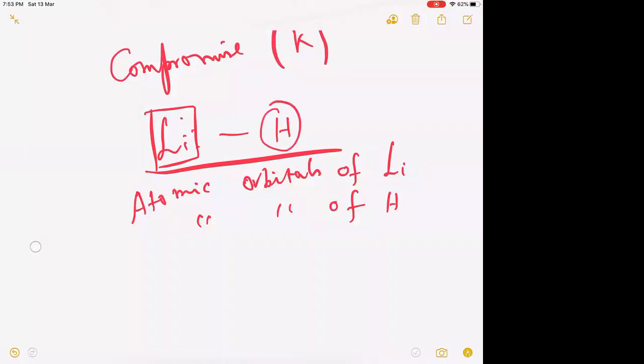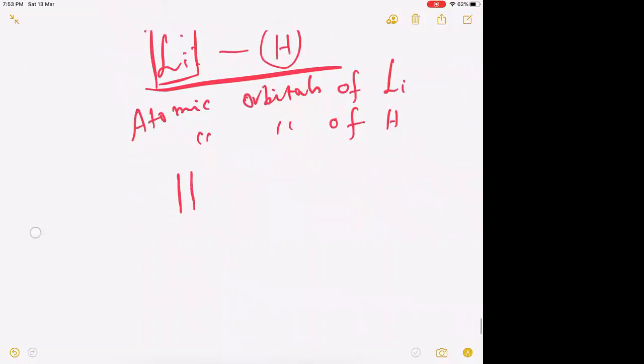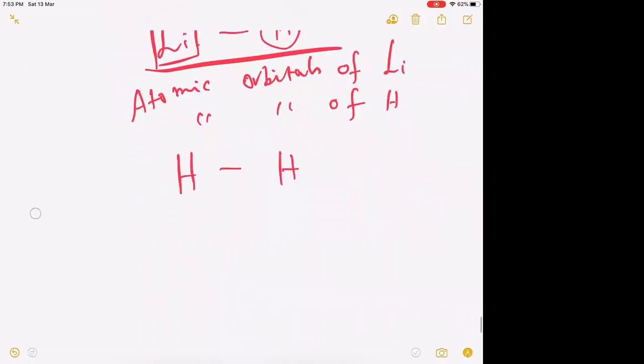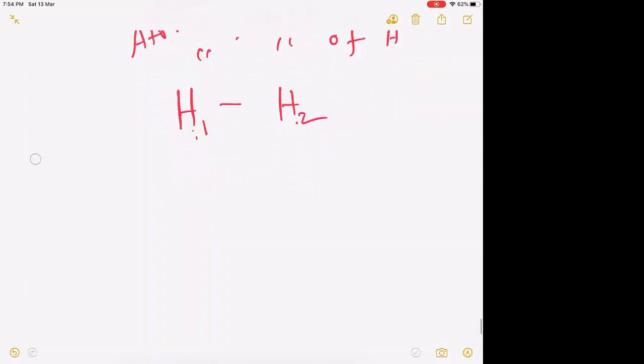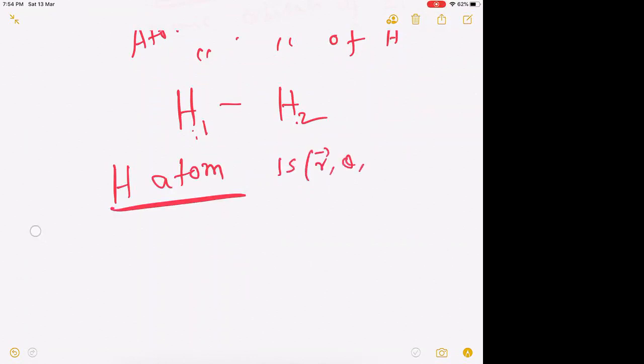So when you define the atomic orbitals, we have to remember the position of the lithium atom and the hydrogen atom. Even in a dihydrogen molecule, I have to take atomic orbitals of both hydrogen 1 and hydrogen 2, because they are not in the same position. If you remember the hydrogen atom, I will go back to very basic quantum mechanics. You have an orbital, which is called the 1s, a function of r, theta, phi.